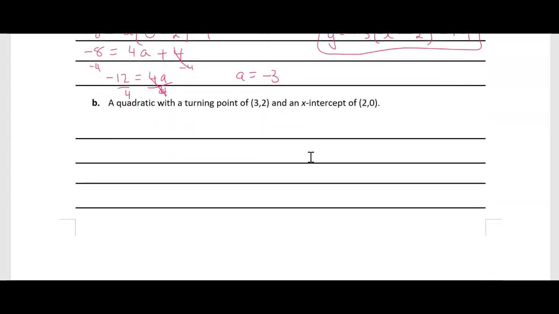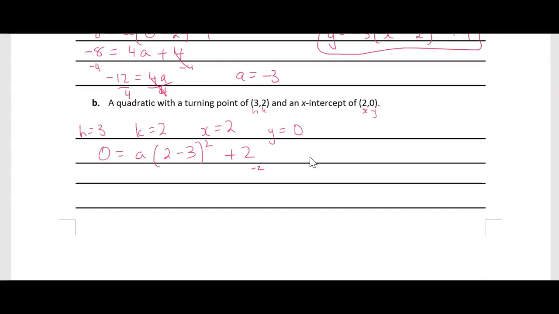All right, a quadratic. Okay, so remember h, k, and this is x, y. So h is equal to 3, k is equal to 2, x is equal to 2, and y is equal to 0. So we're just substituting that into your turning point form. 0 equals a times 2 minus 3 squared plus 2.